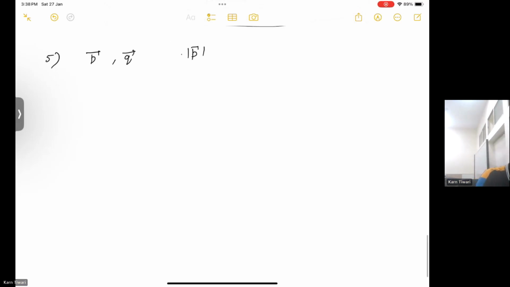The magnitude of P is √3 and the magnitude of Q is 2. And we have been given a dot product, P dot Q is equal to √6. And the question is about finding the angle.